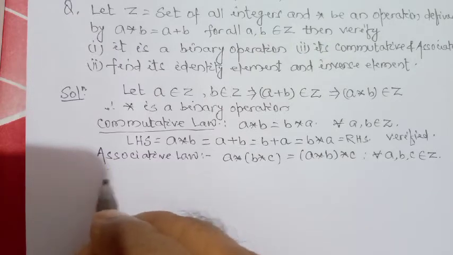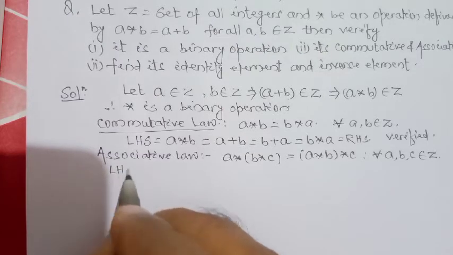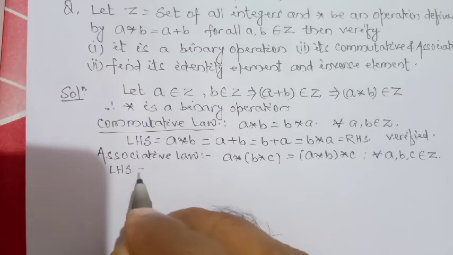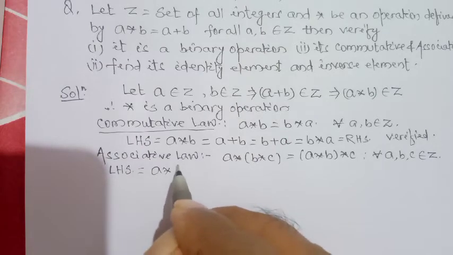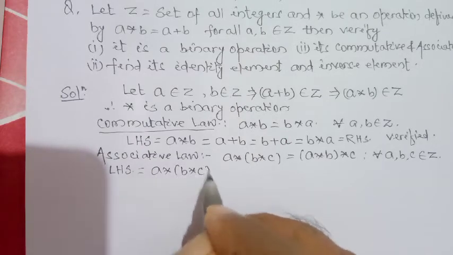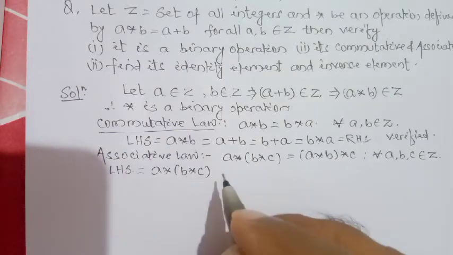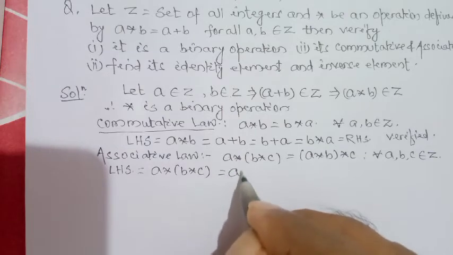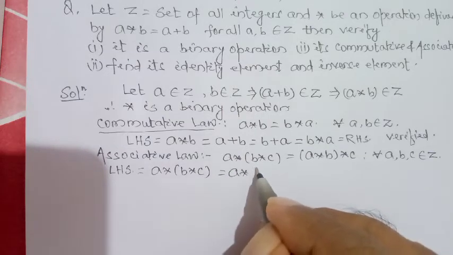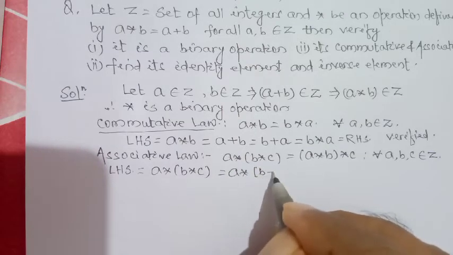So as usual, start from LHS. Our LHS is a star (b star c). First work the bracket. So a star, and the value of b star c according to definition should be b plus c.